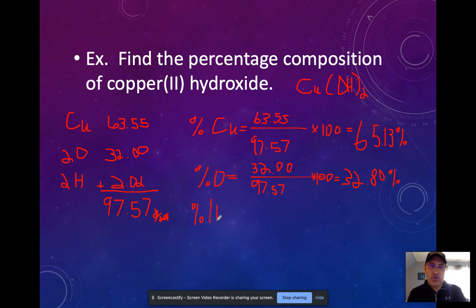Percentage of H equals 2.02 divided by 97.57 times 100, and that equals 2.07%.